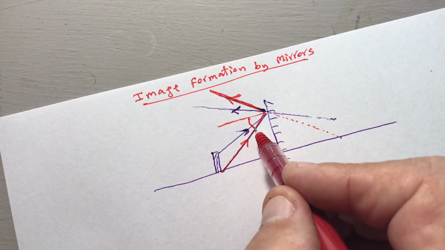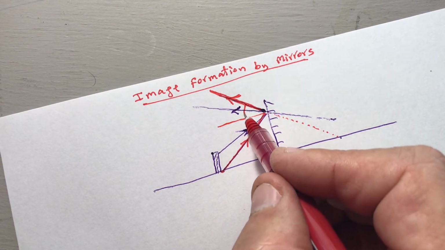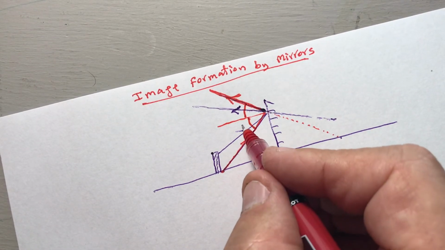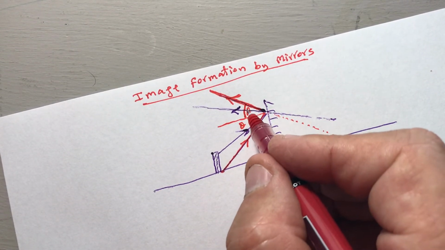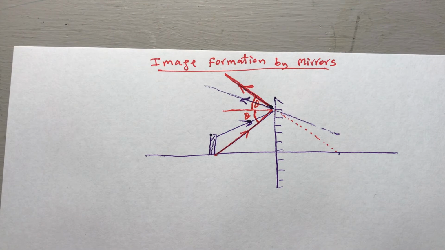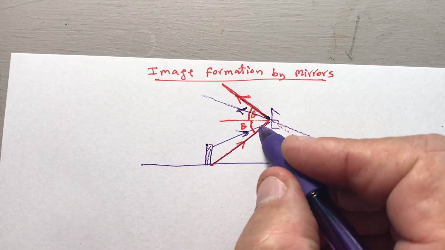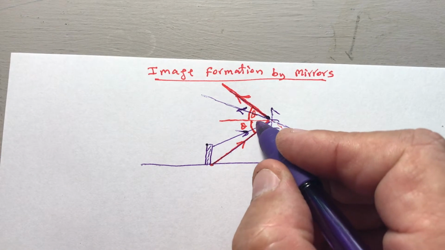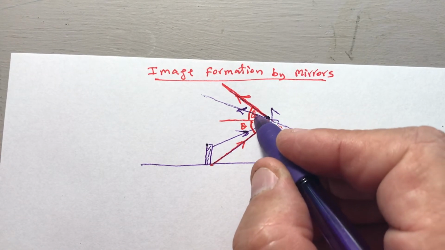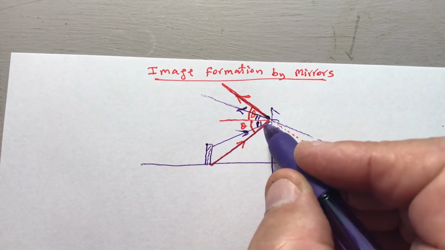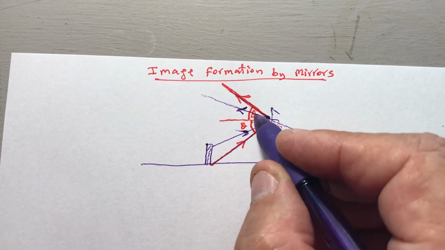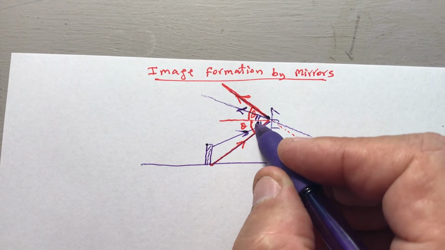So this angle here is equal to that angle. Call it theta. That's theta. The other angle also, this angle here is equal to that angle. Let me put two lines. You see the angle with two lines is equal to this angle with two lines.